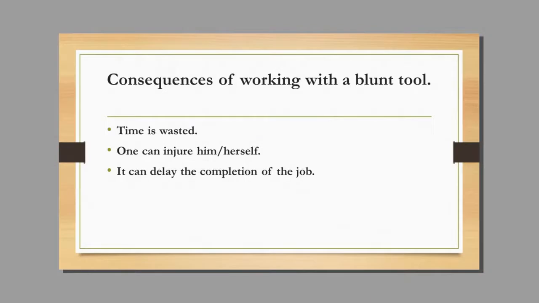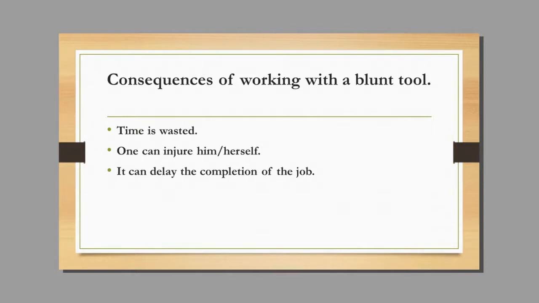Then the consequences of working with blunt tools. A blunt tool is a tool which is not fully sharpened to carry out some task, or which is not sharp enough to carry out some task. So it can be time wasting, or it can consume a lot of time, because a part that you have to cut maybe in 1 second, it will need you to go to probably 5 seconds or 10 seconds. It will depend on how sharp or how blunt that tool is.